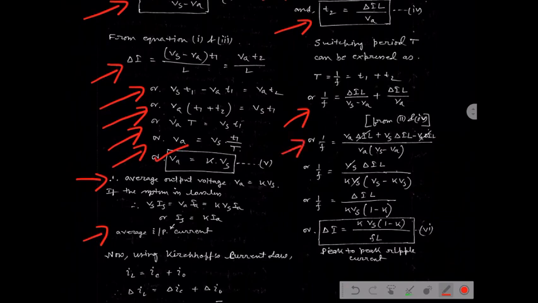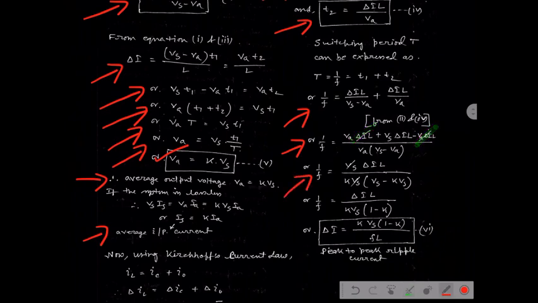So after simplification, we have Va del I L into L plus Vs del I L minus Va del I L, and the lower part is Va into (Vs minus Va). After calculating, we get the result that this part is cancelled.